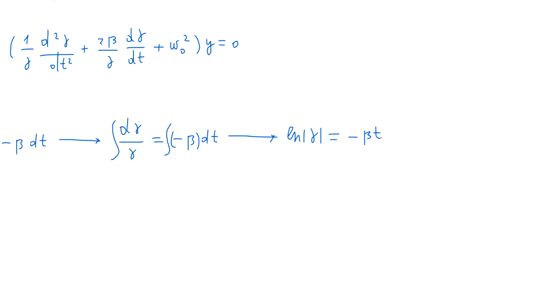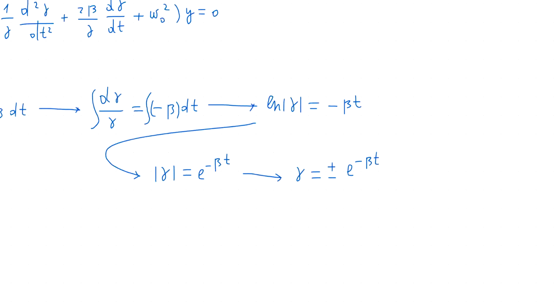From here, the absolute value of gamma is equal to exponent of minus beta t, and gamma may be equal to plus or minus exponent of minus beta t. Both signs may be used, and we may choose any of them.